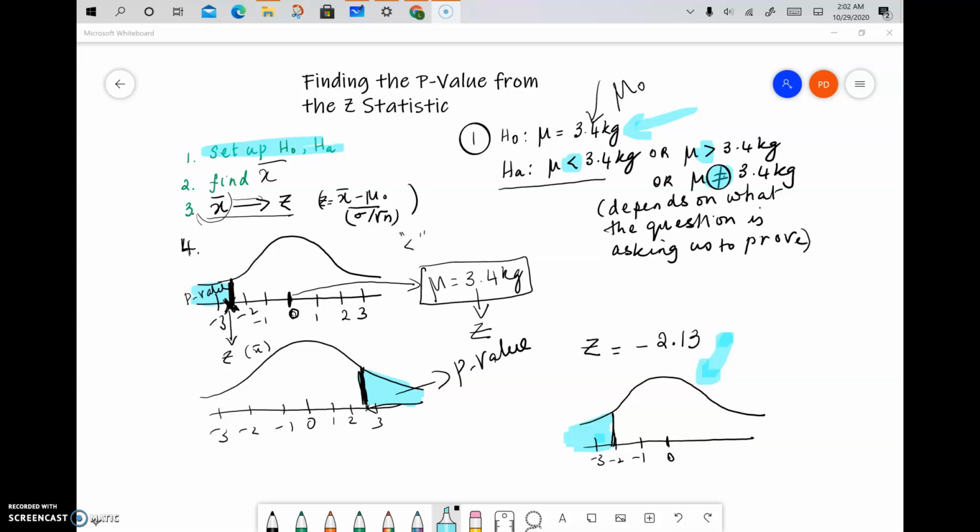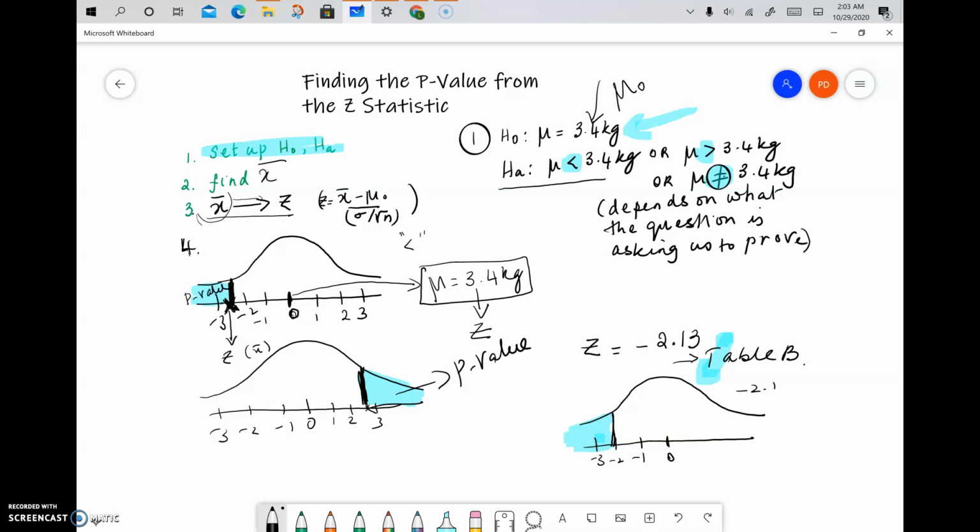So how do we find the area to the left of a z value? We go to table B, and the entries in the table are the areas to the left. So we don't really need to subtract from 1 in this case, because it's the area to the left that we need. And the area that I get from table B is, so I go to negative 2.1, and that's the row.